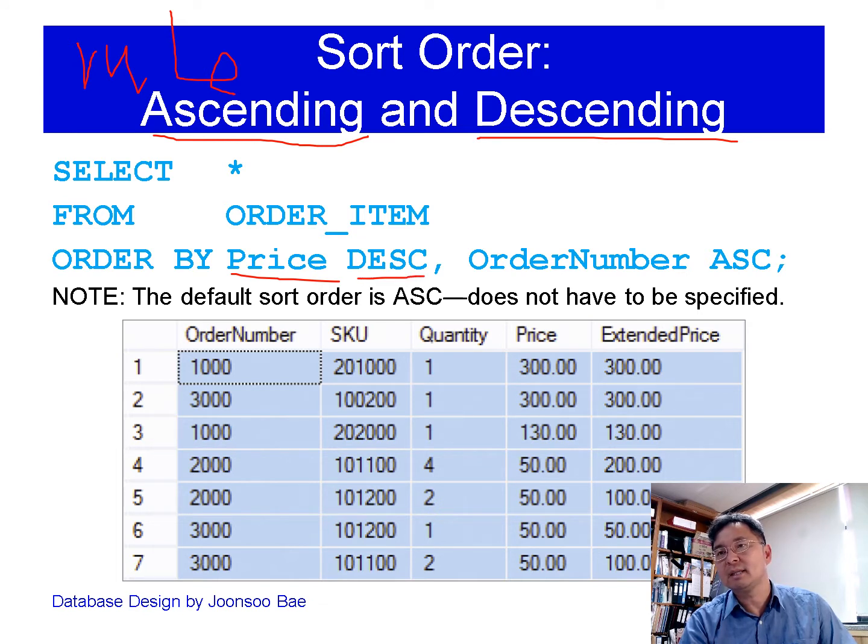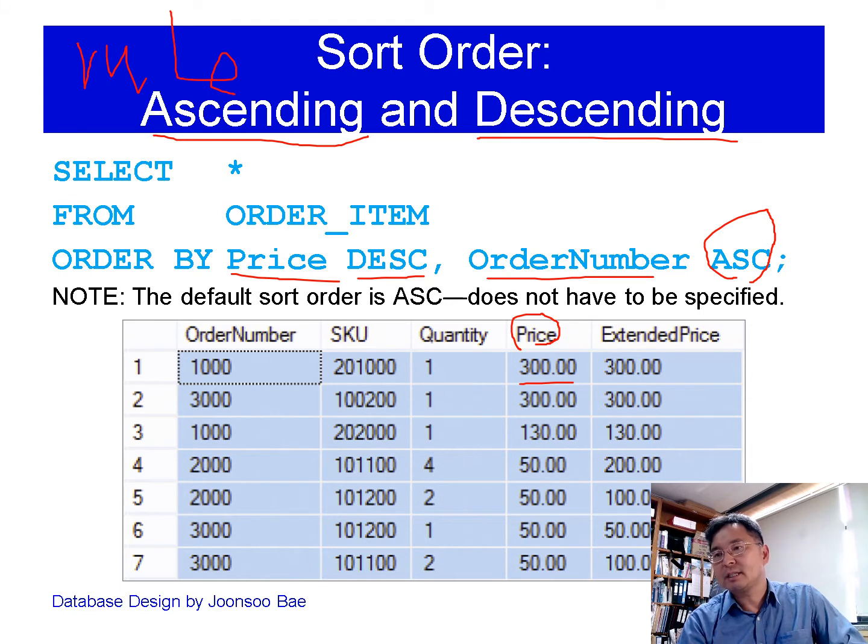That means the data will be ordered depending on price first. Second, if the price is the same, then the second criteria, the number, will be applied with the ascending ordering rule. So the result is here.